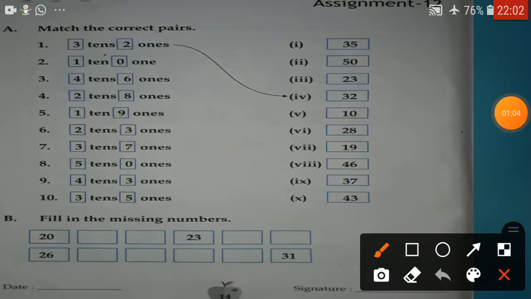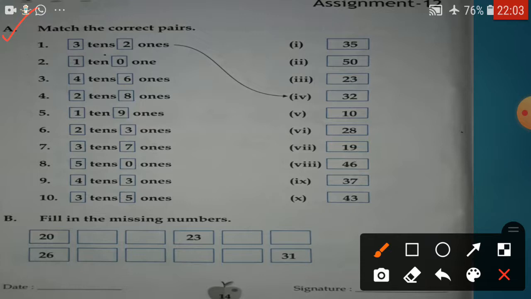Say, children, match the correct pairs. Say 1 to 10. First, 3 tens, 2 ones. So 3 tens, 2 ones means 32.